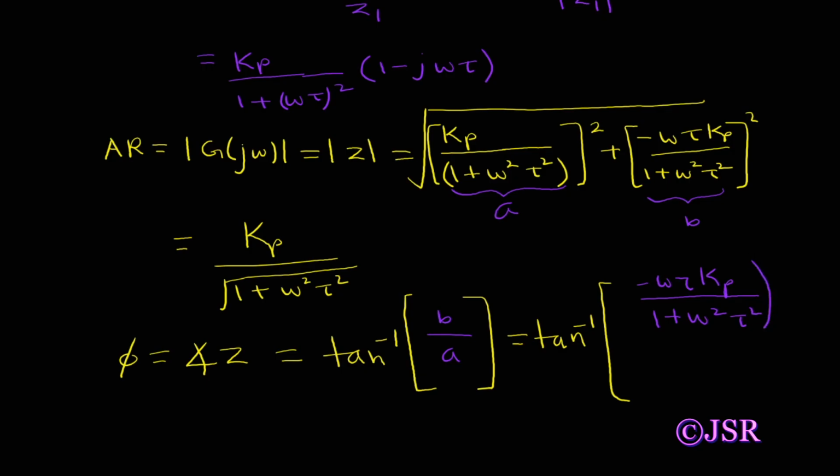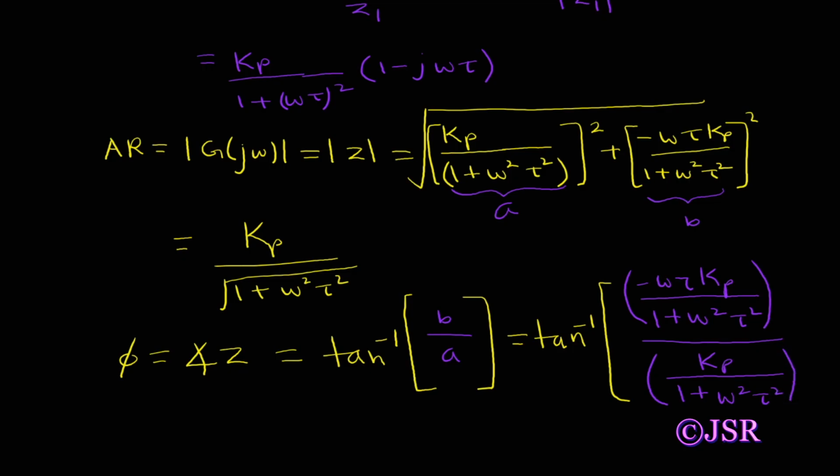This is the b term, imaginary part, and upon Kp upon 1 plus omega square tau square.